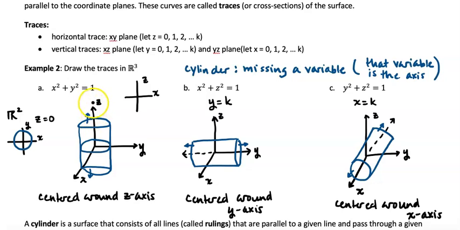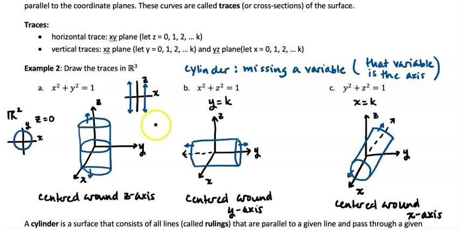If I imagine that I am placing a plane through this cylinder and I want to know what it's going to look like on the xz plane, well, if I look at this cylinder from the sides, all I'm going to see is these two parallel lines. So the trace on the xz plane is going to look like two parallel lines.